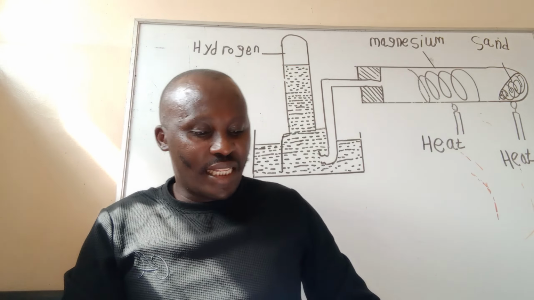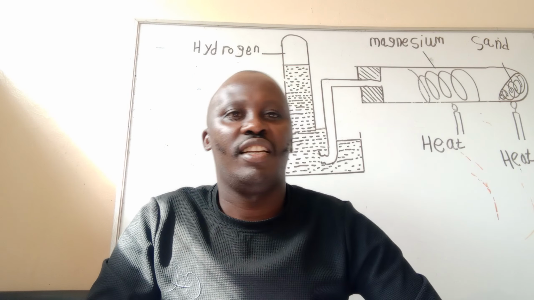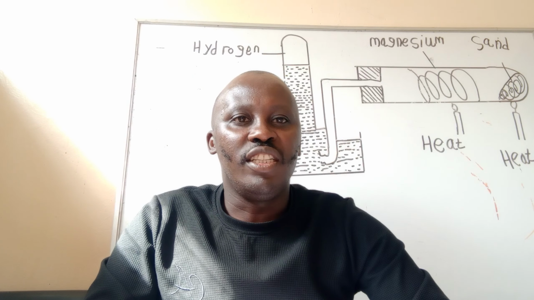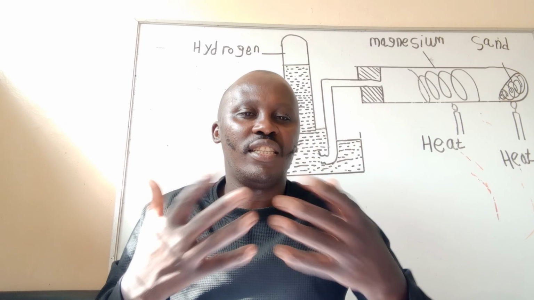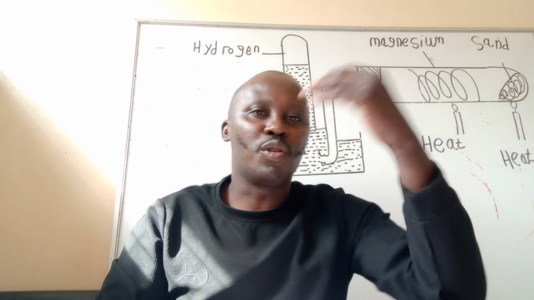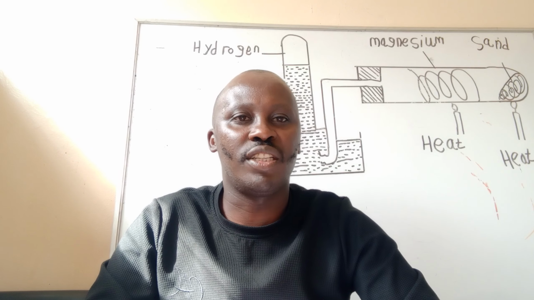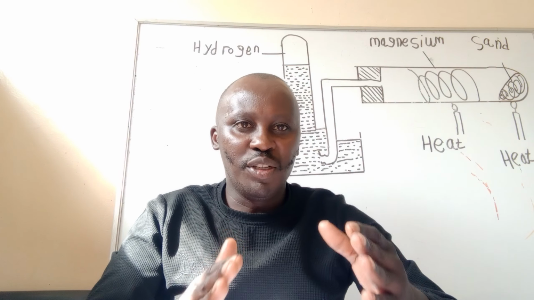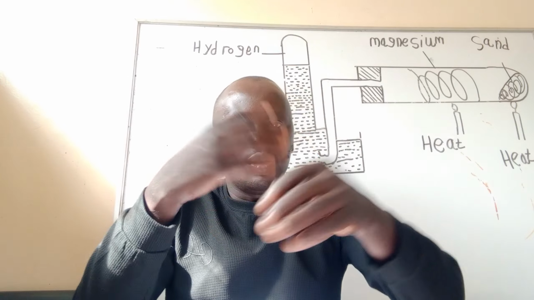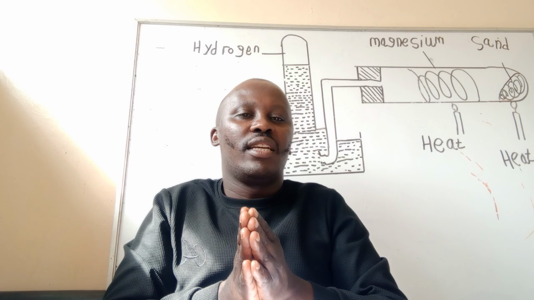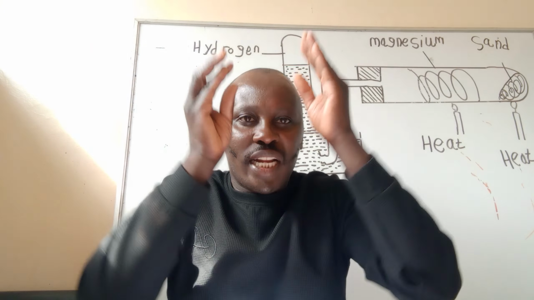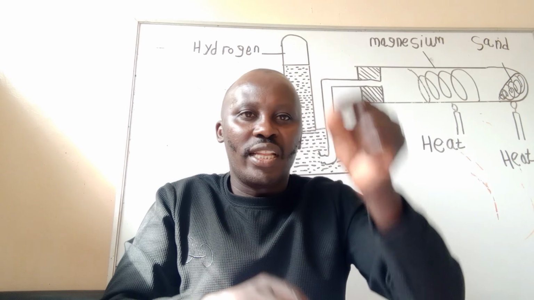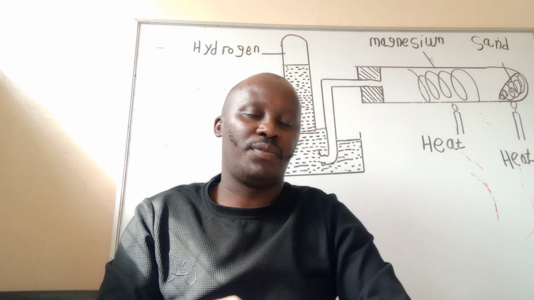Describe a test for the gas produced. This gas produced here is just hydrogen gas. How do you confirm that the gas produced is hydrogen? In chemistry, if you are required to describe an experiment, make sure that you identify the apparatus which are being used.